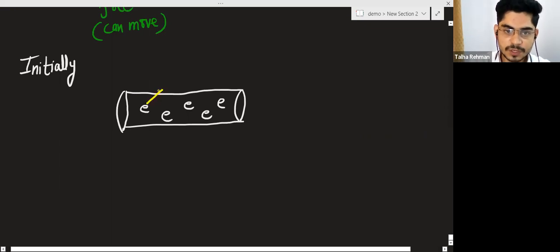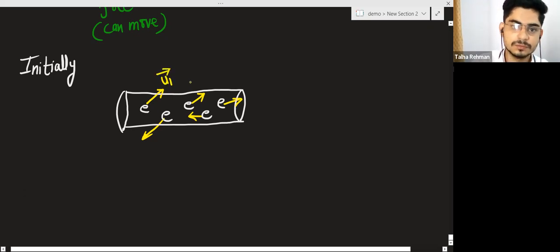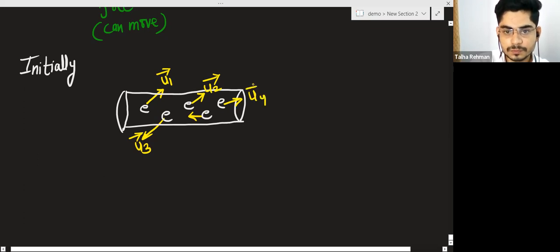This electron is moving in this direction, this one in this direction, with some velocities. Velocity is a vector quantity. Like this you can imagine.